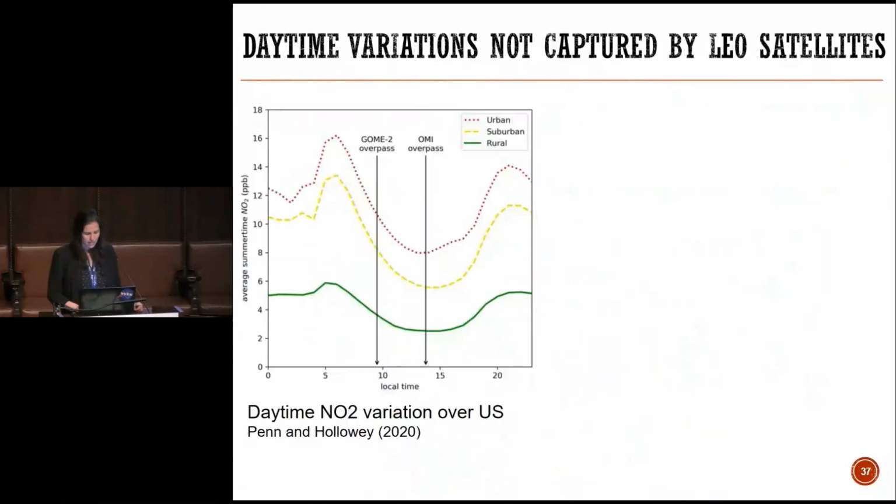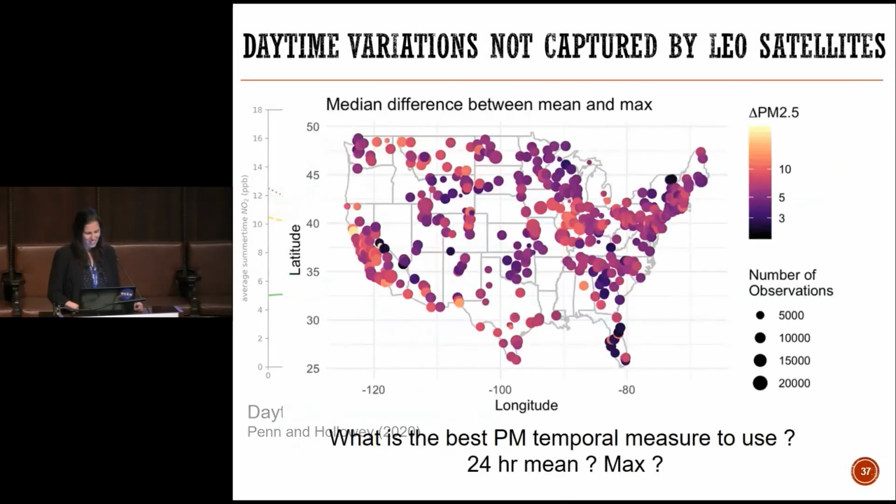I need to go fast here, so I'll jump here. One question that we have related to the temporal resolution of LEO satellites is the fact that they don't capture the daytime variation because it's 1 snapshot a day. So one question we had is, what is the best temporal PM measure to use in health studies?